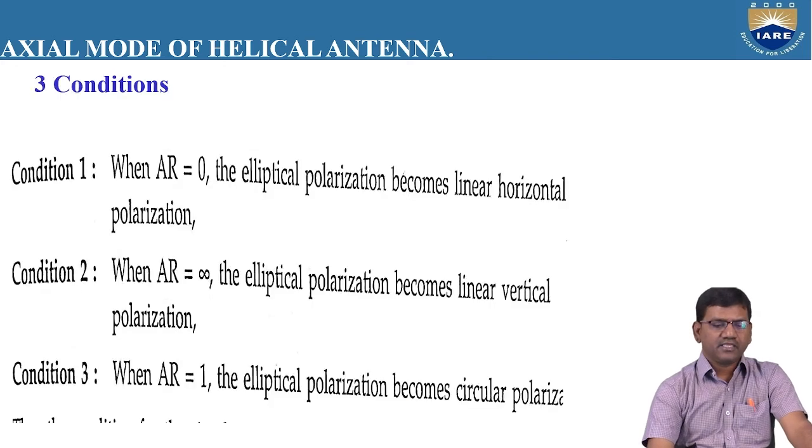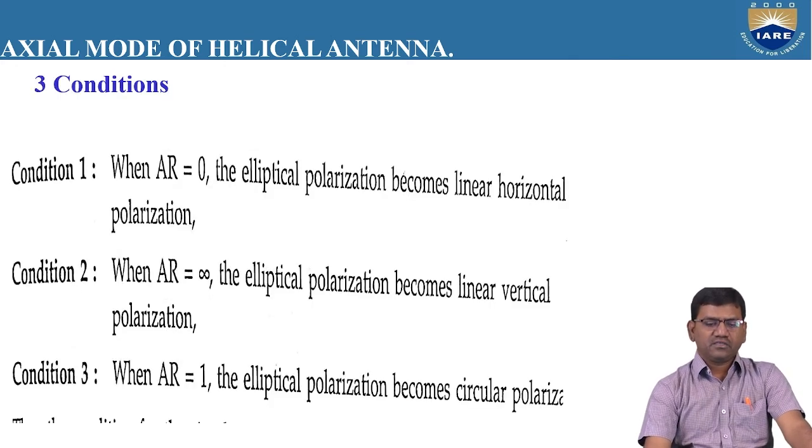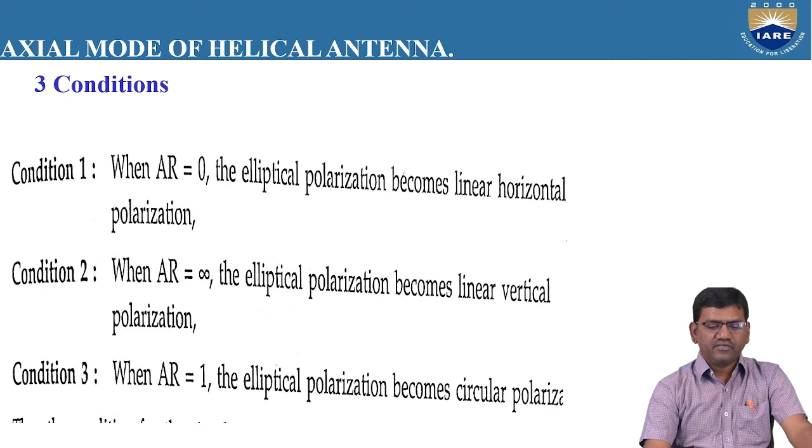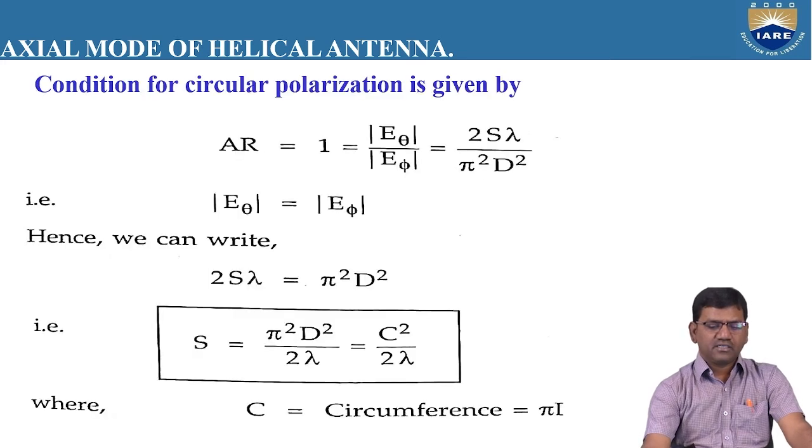You can see here, there are three conditions. When AR is equal to 0, the elliptical polarization becomes linear horizontal polarization. When AR is equal to infinity, the elliptical polarization becomes linear vertical polarization. And when AR is equal to 1, the elliptical polarization becomes circular polarization.